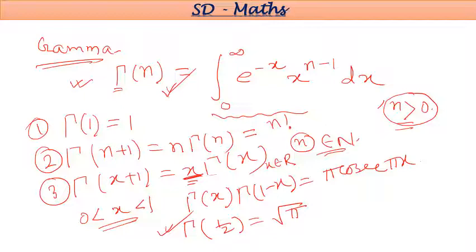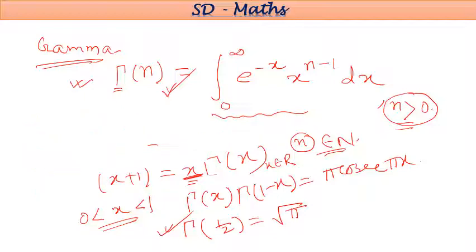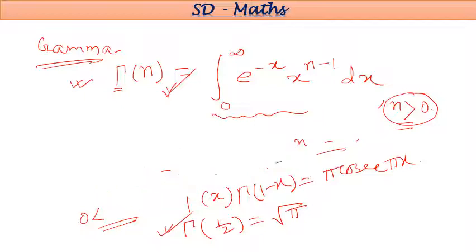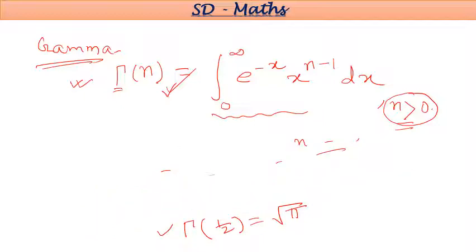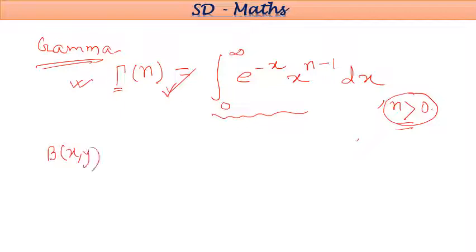Now the next one is the beta function. So these all are the properties of the gamma function. Now I will tell you the properties of the beta function. First of all I am writing the definition of beta x y. Beta x y equals the integral from 0 to 1.